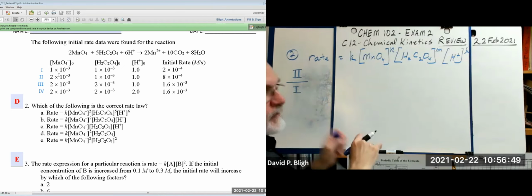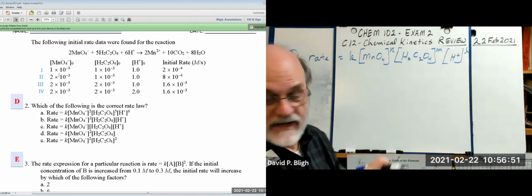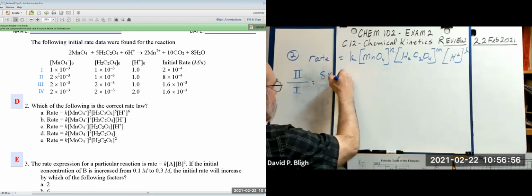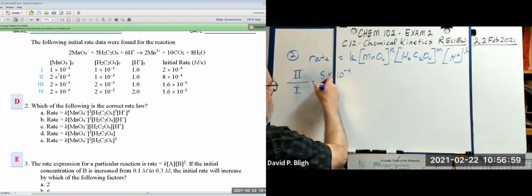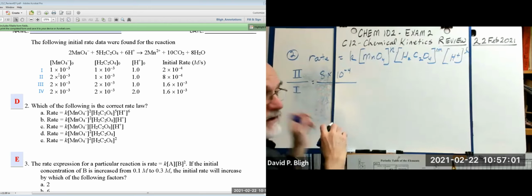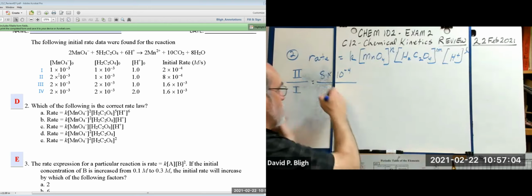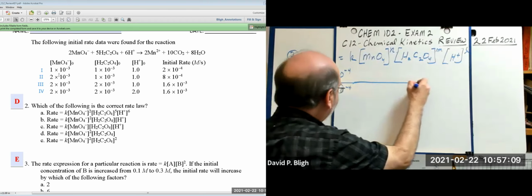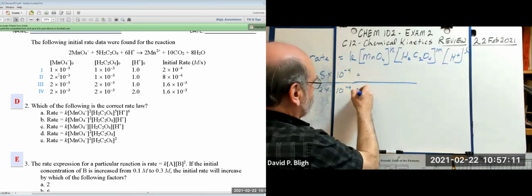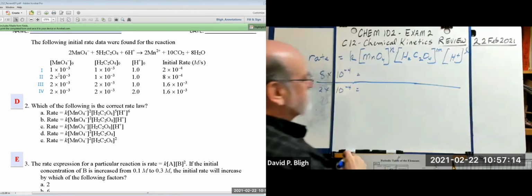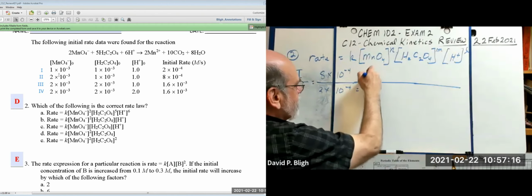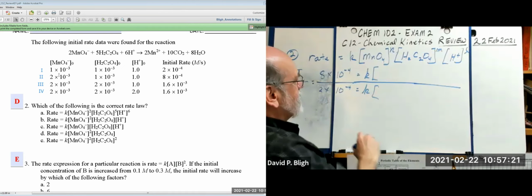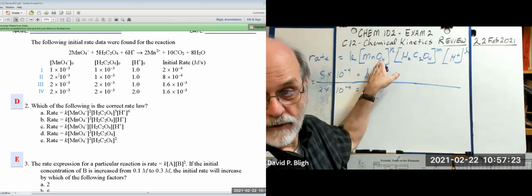So the rate for 2 is 8 times 10 to the minus 4, and the rate for 1 is 2 times 10 to the minus 4. All right, so now we have K and we have values for MnO4.